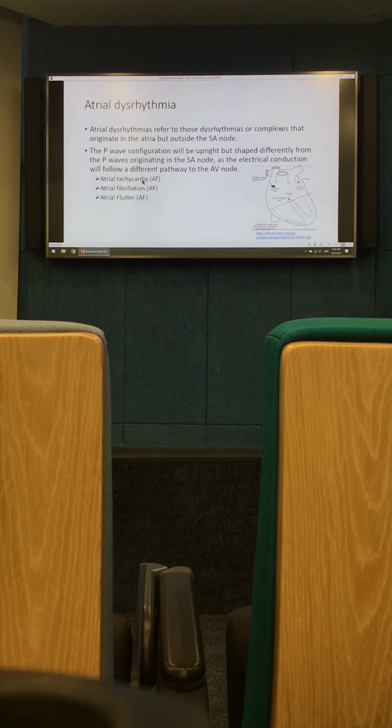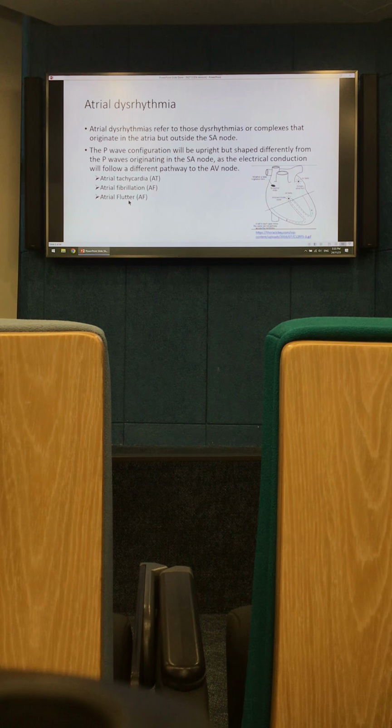And of course, in this course we have discussed atrial tachycardia, atrial fibrillation, and atrial flutter. Remember for ECG, the normal sinus rhythm is from the SA node to the AV node and then down to the ventricles, one beat at a time. However, your patients sometimes will have ectopics.